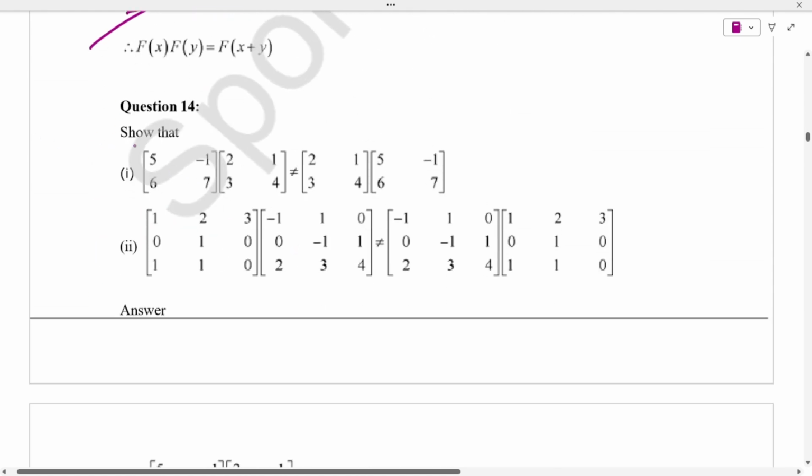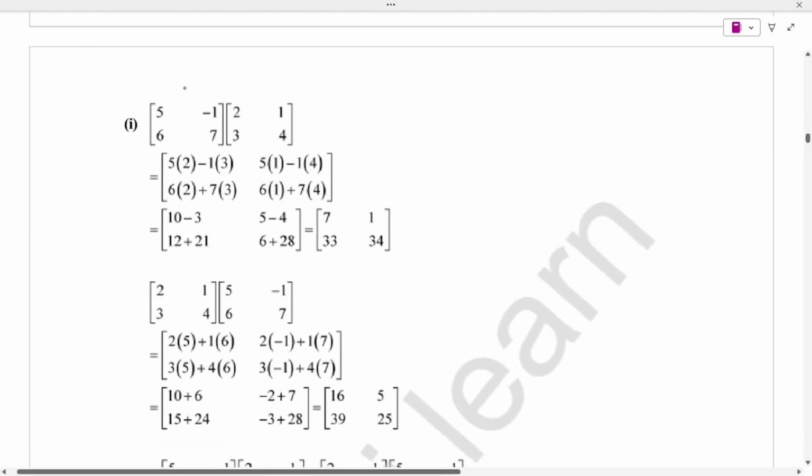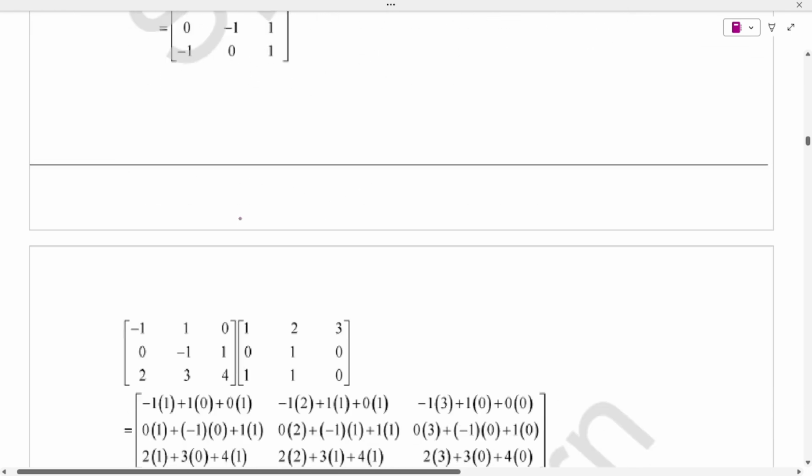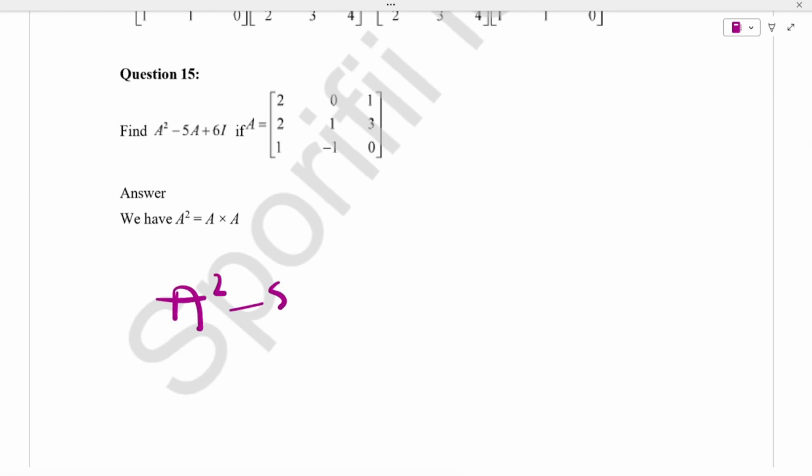For the next, 14th question, you need to solve in the same way. 5 into 2 minus 1 into 3, the same way you need to find out and do the problem. Next is A square. That means we have to find out A square minus 5A plus 6 into I. I is nothing but the identity matrix.